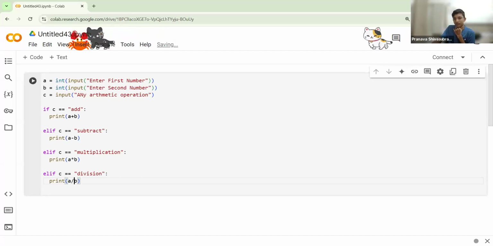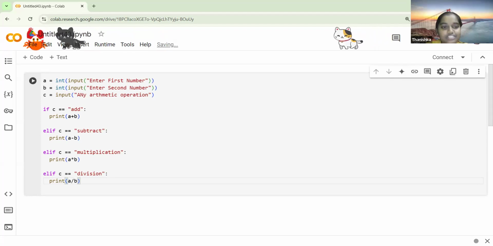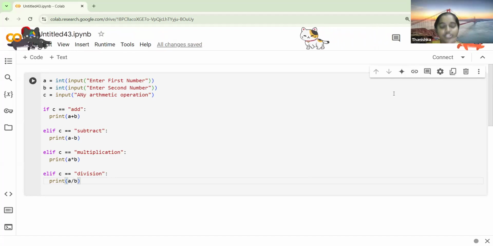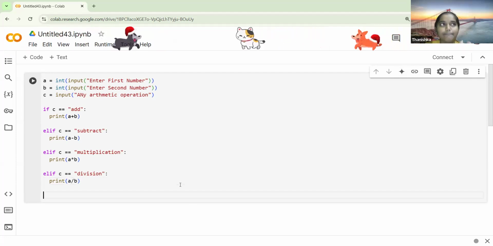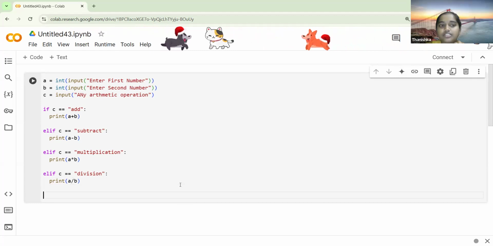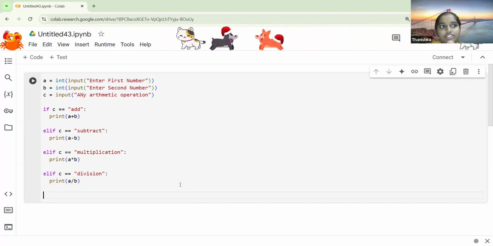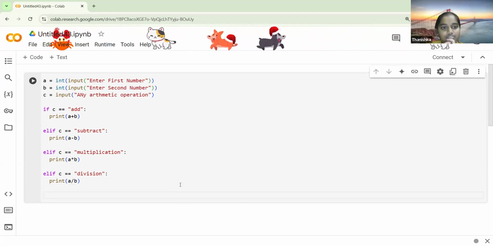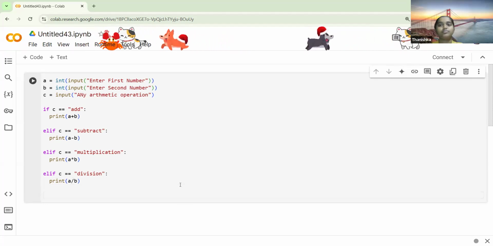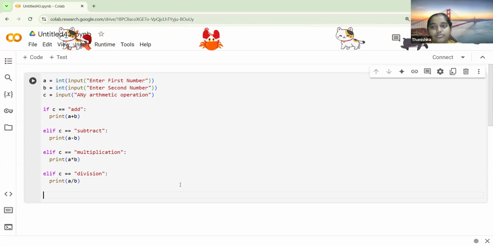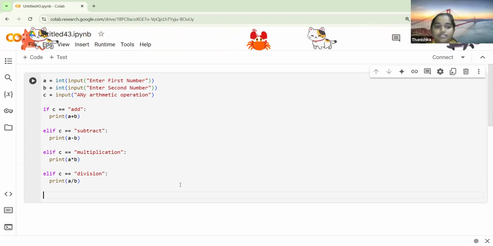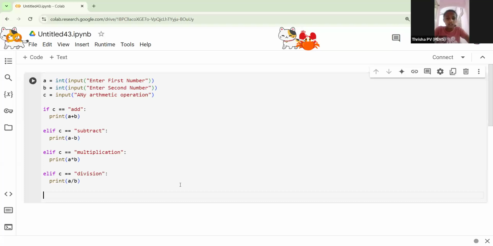Okay. So now addition, subtraction, multiplication, division is done. But is there any way that results in error? This is the end of the code.